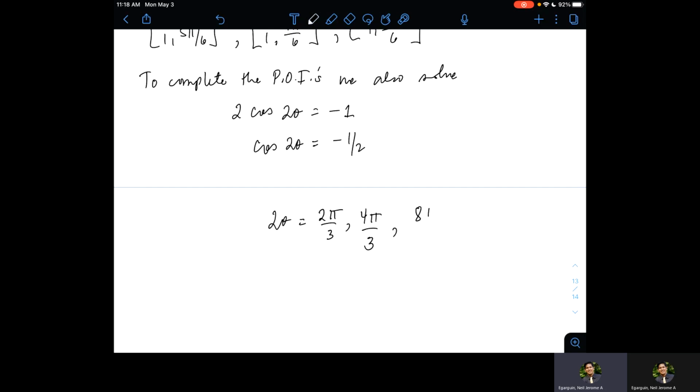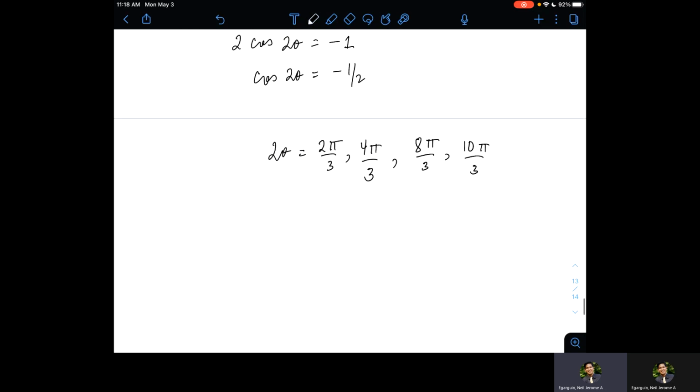So we'll have 8 pi over 3 and 10 pi over 3. And then we divide both sides by 2 to get our theta values. So we'll get pi over 3, and then 2 pi over 3, and then 4 pi over 3 and 5 pi over 3, right?